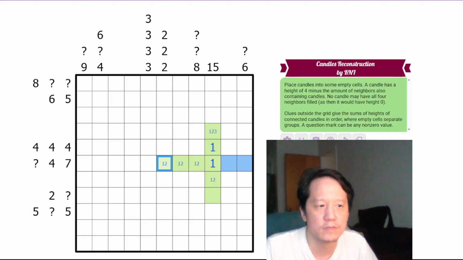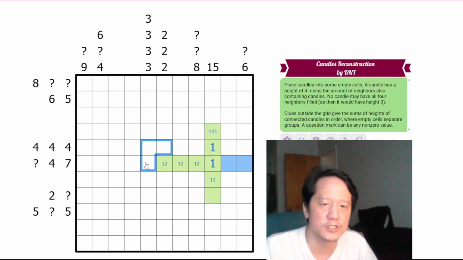Interesting. So say this was 2 here. If this is 2, that means it must have candles in 2 of the 2 cells here. But it's not going to have a candle here as one of the 2 cells, so it must have a candle here.